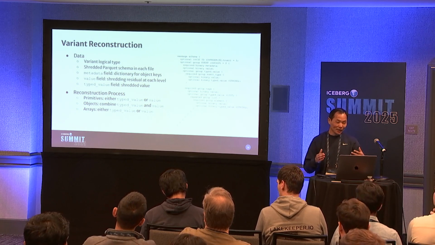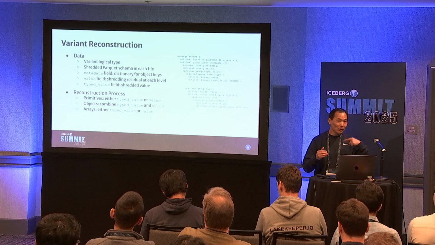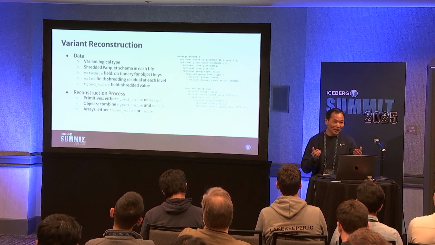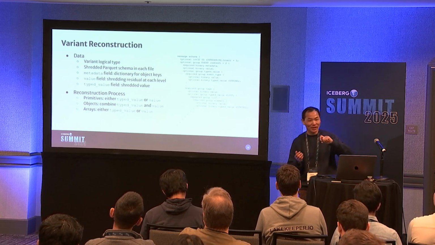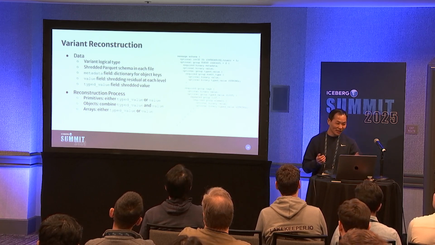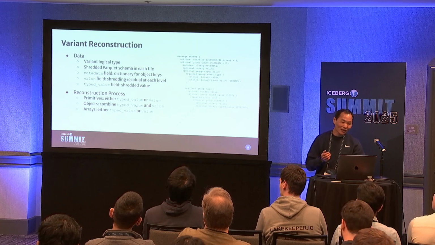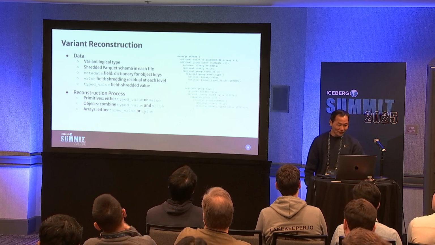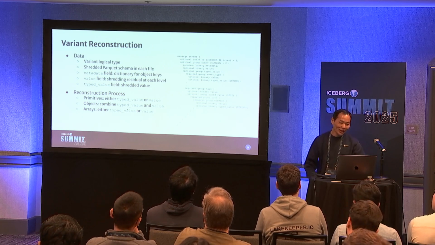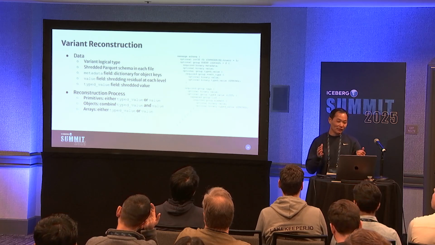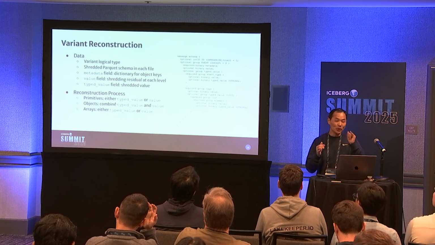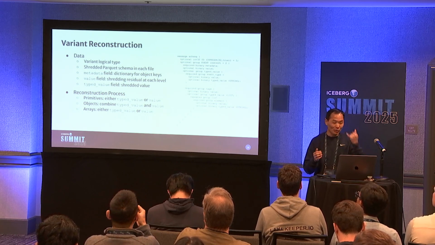Now, it's shredded, but if you want to access the whole variant, then you need to do the reverse reconstruction. So that's the high level of how to reconstruct the variant. Basically, for primitives, you choose from the typed value and see which one exists, and then extract the value.